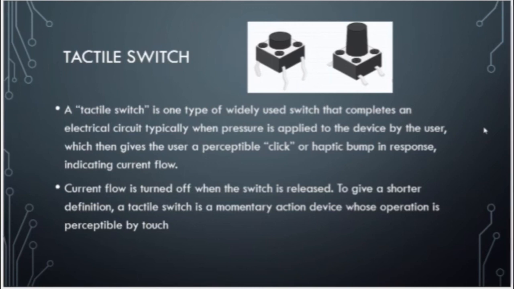This gives the user a perceptible click or haptic bump in response, indicating that there is a current flow through the circuit. Current flow will be turned off when the switch is released. To explain in short, we can say that a tactile switch is a momentary action device which operates by the perceptible touch. This is very similar to the switches that we use at our home to turn on lights, fans, etc.